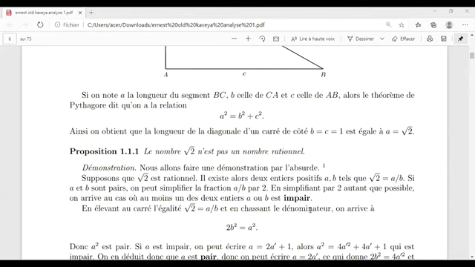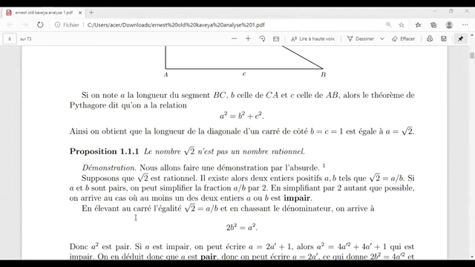Si A et B sont pairs, on peut simplifier la fraction A sur B par 2. En simplifiant par 2 autant que possible, on arrive au cas où au moins un des entiers A ou B est impair. So it's just some simple mathematics that we do there, where we suppose that the square root of 2 is rational, and then we equate this to A over B, and then we simplify this fraction by 2, and then we simplify again, where we arrive to say A and B are odd.